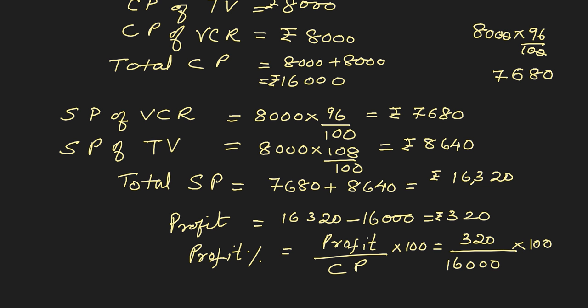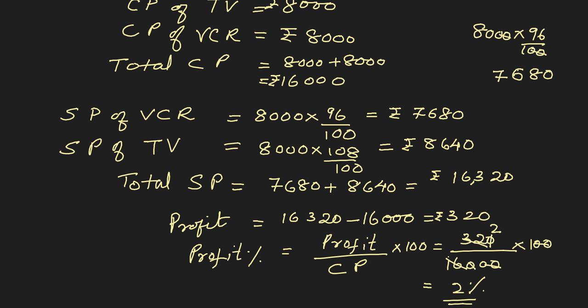So here zeros cancel, 16 in 32 two times. So you can write the profit percentage is equal to 2%.